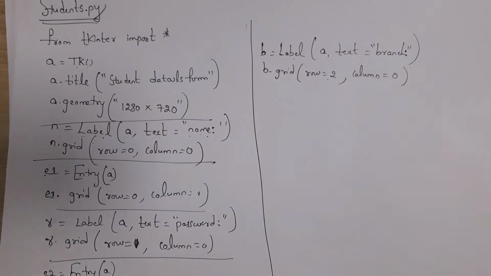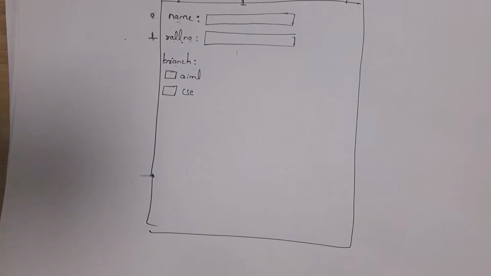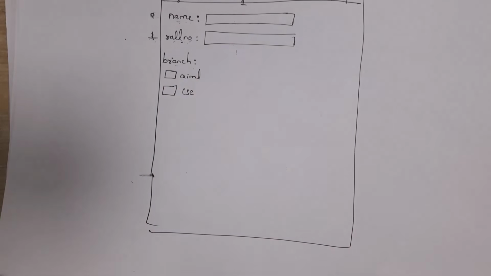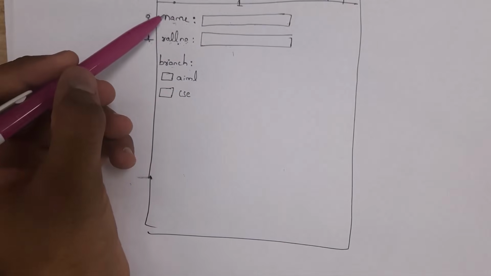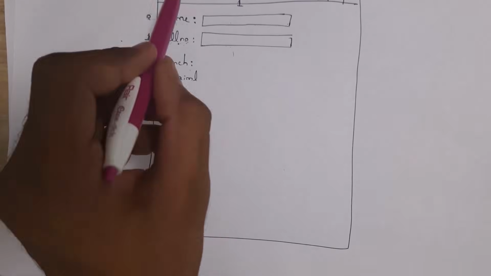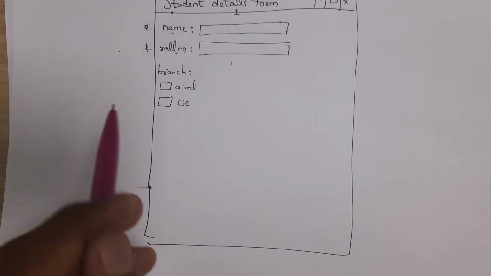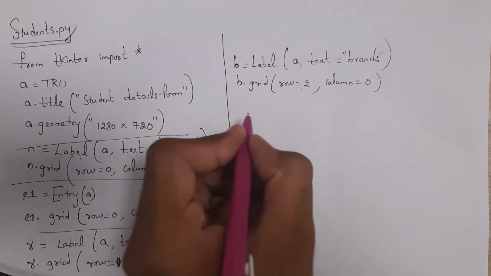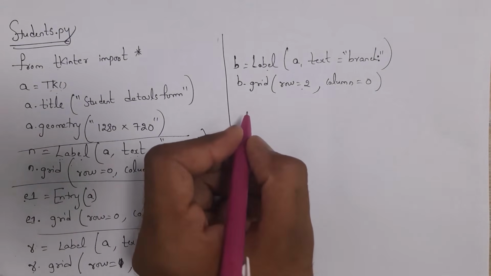Similarly, I want to insert two check buttons. One check button name is AIML and another is CSC. I want to insert one check button in the fourth row, first column, and in the fifth row, first column, I want to insert CSC. You can take any variable name.